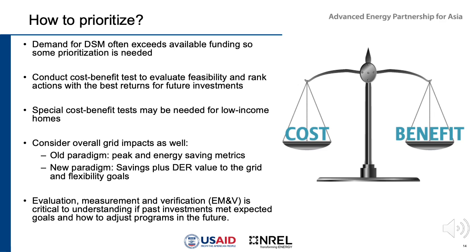Okay, now let's go through three quick case studies on different types of demand-side management that have been used around the world. The first example is from Mumbai in India, where a six-story office building constructed in 1972 was seeing very poor performance in terms of energy efficiency and comfort in the building.